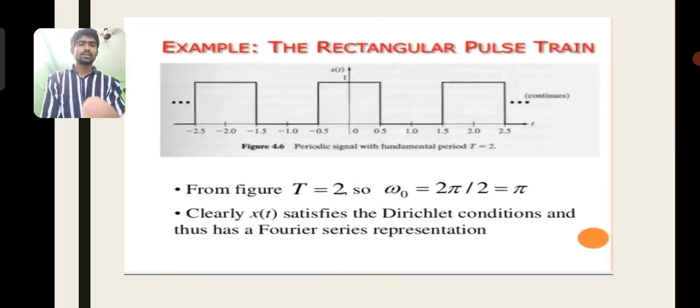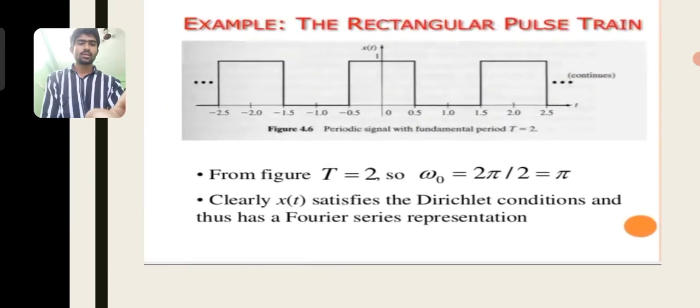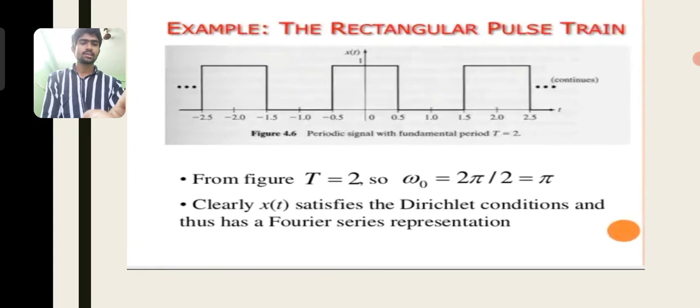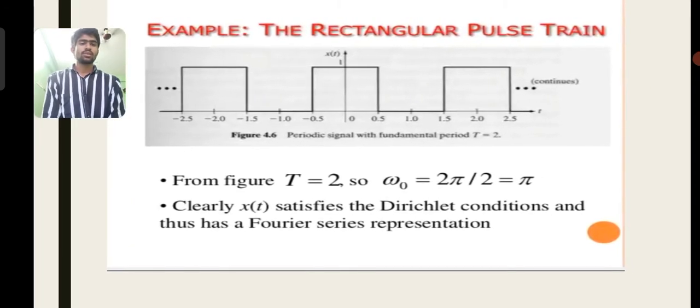Next, an example of a rectangular plus triangle in the Fourier series, where we see the diagram 4.6, a periodic signal with the fundamental period. Take on the x-axis 0, 0.5, 1, 1.5 and so on, and similarly on this side 0, minus 0.5, minus 1, minus 1.5 and so on.